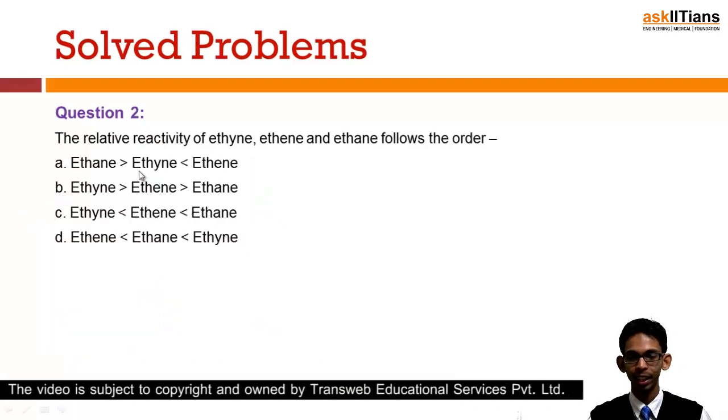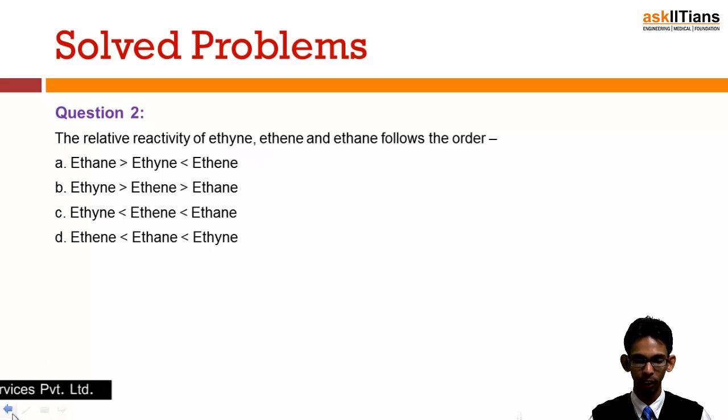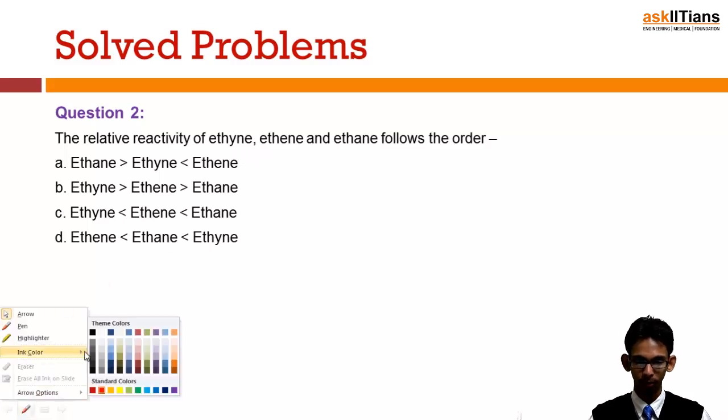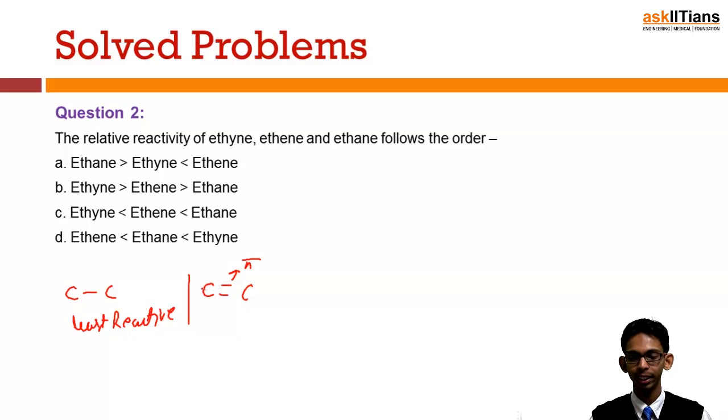Next is the relative reactivity of ethyne, ethene and ethane. Okay, we know that alkanes are least reactive. They do not undergo reaction very easily. Followed by that, in carbon-carbon double bond, there is a pi electron, because of which these are more reactive and can undergo addition reactions more readily.